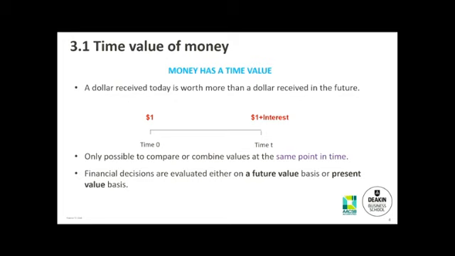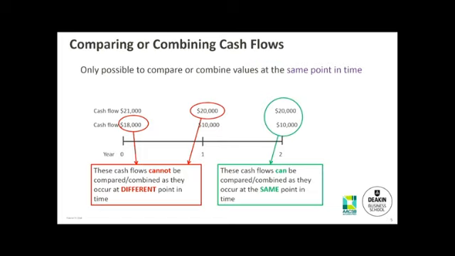You can either bring all of the future cash flows back to today, or you can bring all of the future cash flows to some point in future. In this way, you will have all of the cash flows at the same point in time. Then you can combine those cash flows. Any questions? Good. Now let's move to next slide.